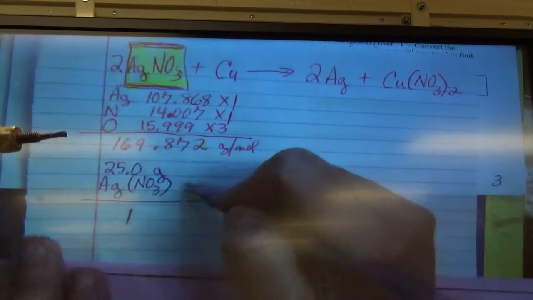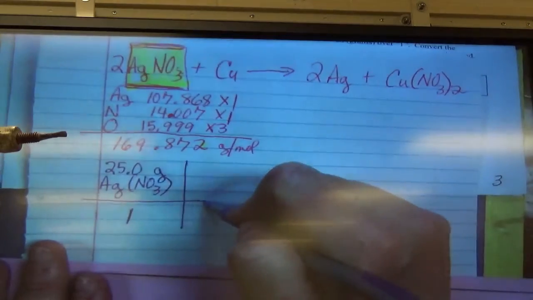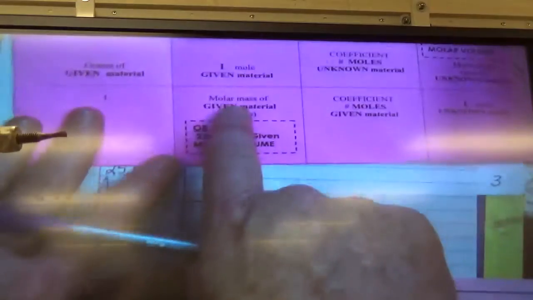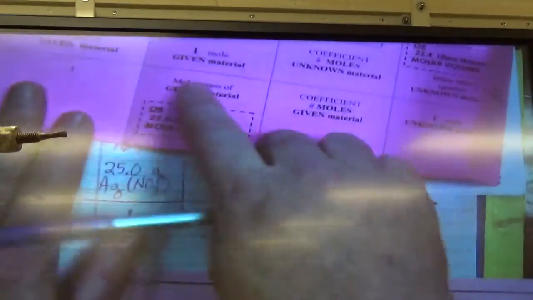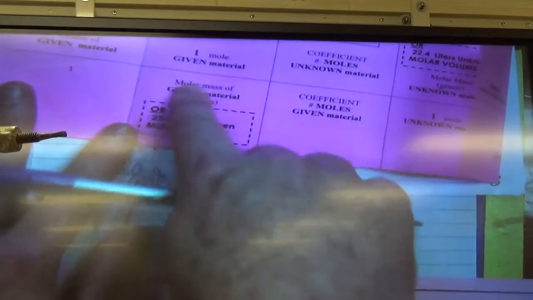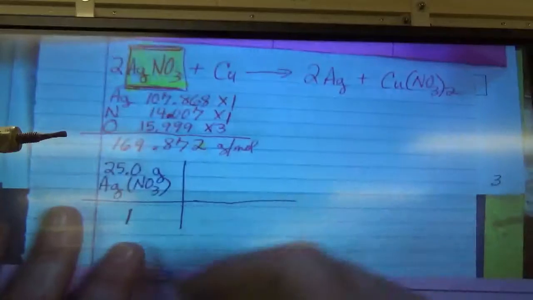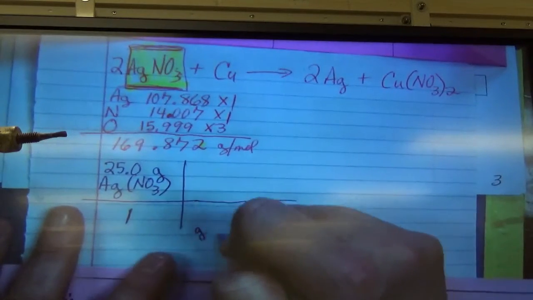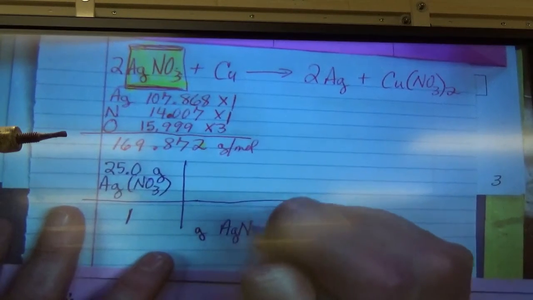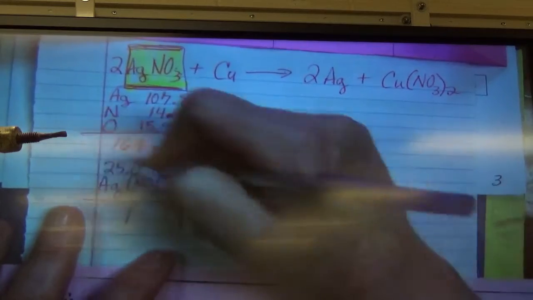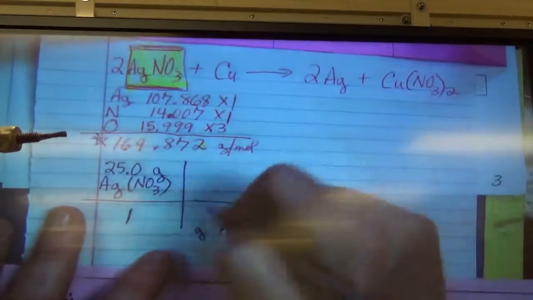Forget that. So that means we have to cancel it out. And that's what the foldable tells you to do also. We're going to use molar mass of the given material. We just found that number right here. The molar mass of the given material is going to go down here. And that unit will be grams, which will make it cancel. So, grams of our silver nitrate. And if you want, since you know the molar mass already, if you want, you can go ahead and put it on.